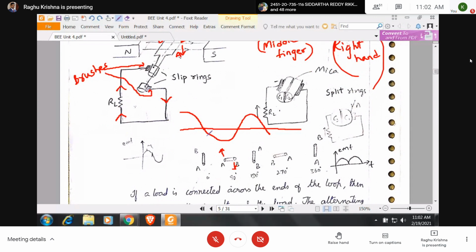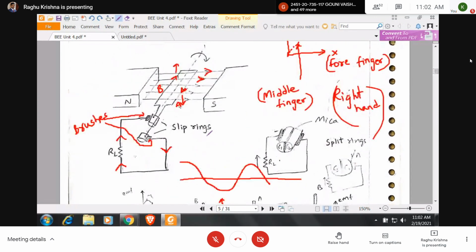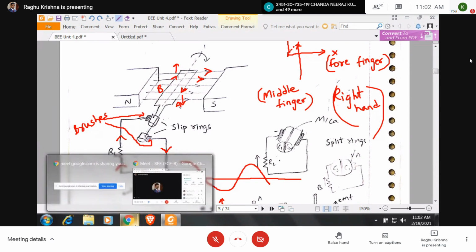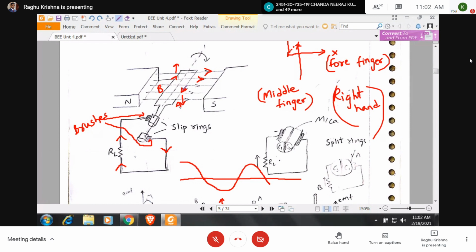So how the magnitude depends, see here. So here this is rotating, right? So when this coil is in parallel to the lines of force, so the plane of the coil is parallel to the lines of force. When it is rotating, it will be cutting the maximum lines of force.